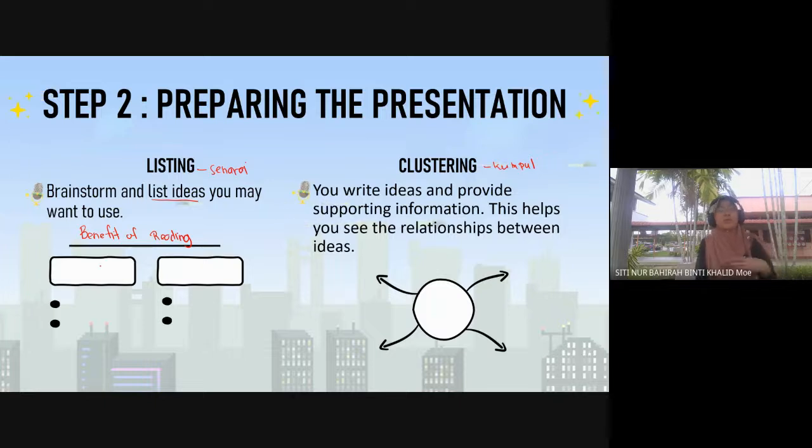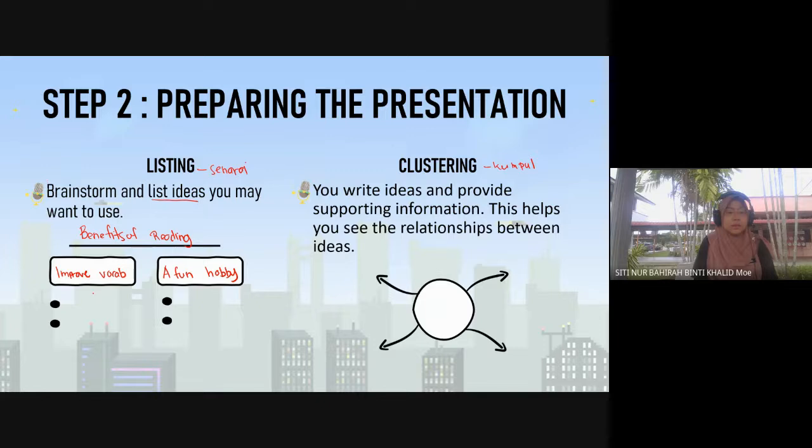Okay, then I would do research, I would explore the topic and see what are some benefits of reading. So maybe first I can say improve vocab, improve your vocabulary. And maybe another benefit is a fun hobby. Okay.